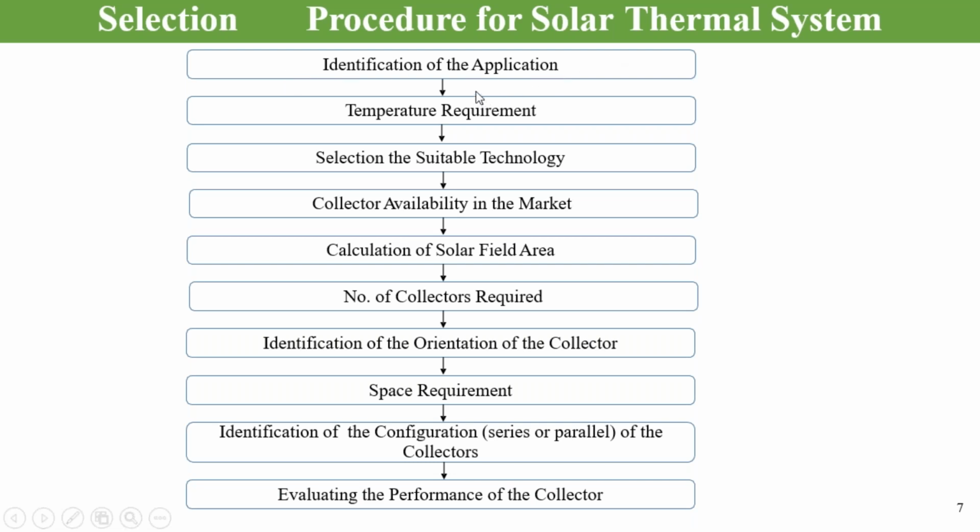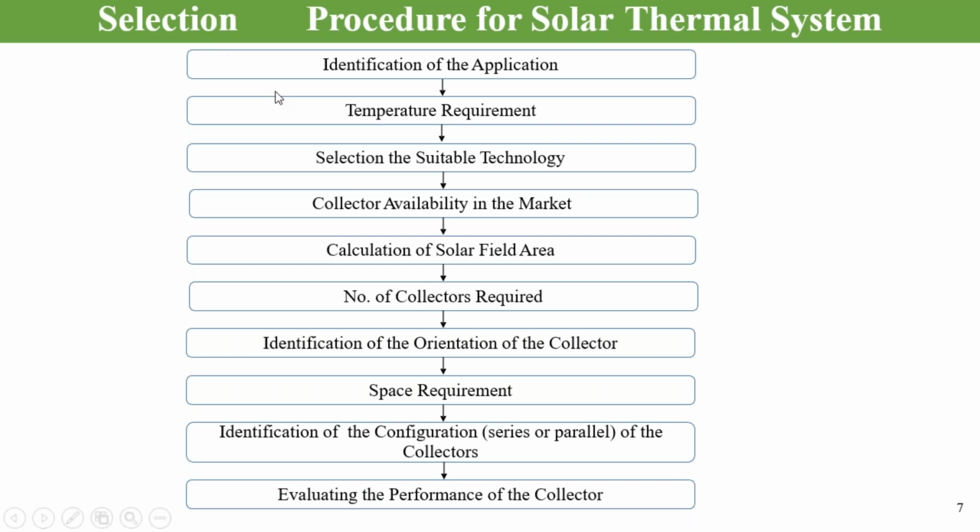Then the next step is to think about the temperature range for the given application. Suppose the temperature range is 30 to 80 degrees Celsius. Which technology should we go for under solar thermal? We can use the flat plate collector. That is sufficient, that is enough.